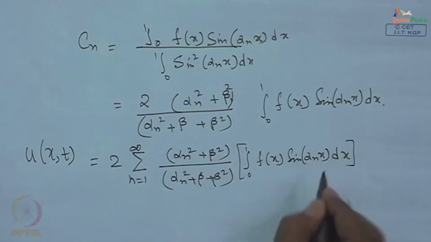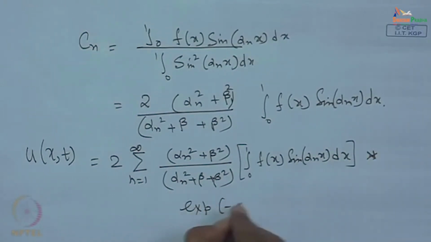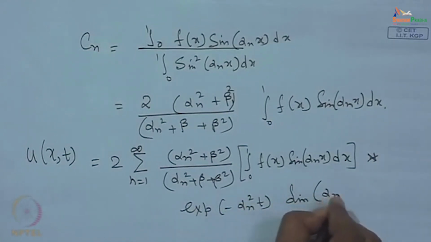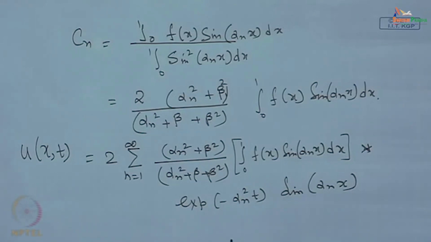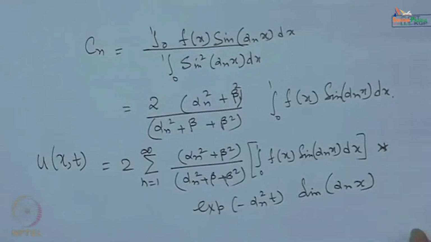This is within the third bracket, multiplied by exponential minus alpha n square t sin alpha n x. So, that gives the complete solution, and alpha n's are the roots of the transcendental equation alpha n tan alpha n plus beta is equal to 0. So, this gives the complete solution for a basic parabolic partial differential equation with a Robin mixed boundary condition.